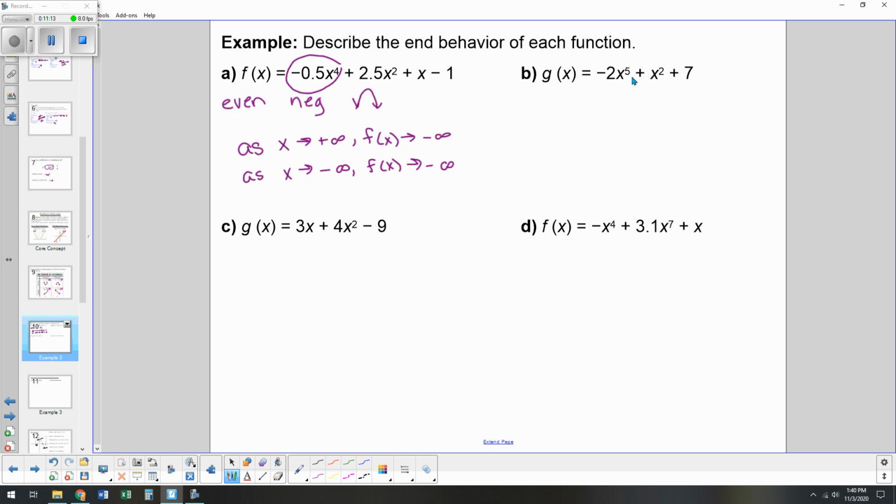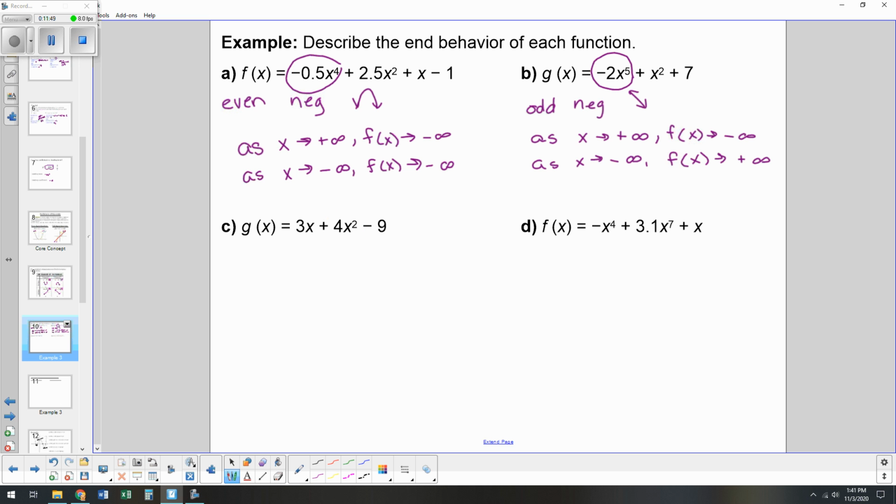For b, again, highest term, so it's odd, because 5 is odd, and the negative 2 is negative. So it's going to be something like this. As x goes to positive infinity, so on the right side, f of x goes to negative infinity, and as x goes to negative infinity, f of x goes to positive infinity.